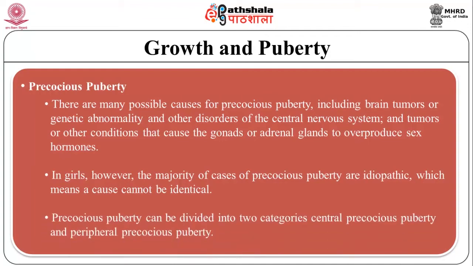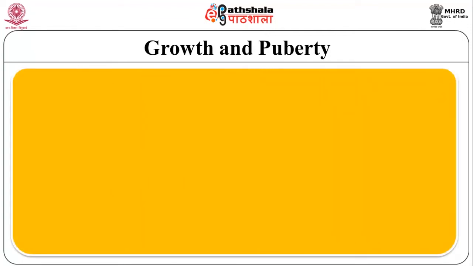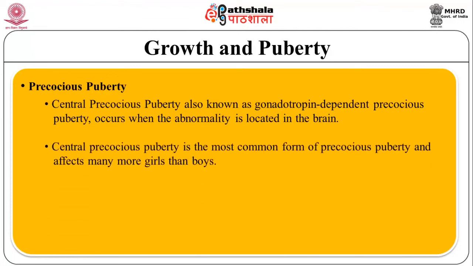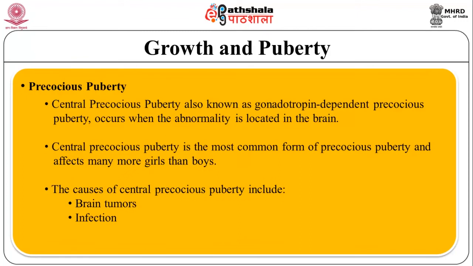Precocious puberty can be divided into two categories: central precocious puberty and peripheral precocious puberty. Now, central precocious puberty, also known as gonadotropin dependent precocious puberty, occurs when the abnormality is located in the brain. Central precocious puberty is the most common form of precocious puberty and affects many more girls than boys. The causes of central precocious puberty include brain tumor or infections.